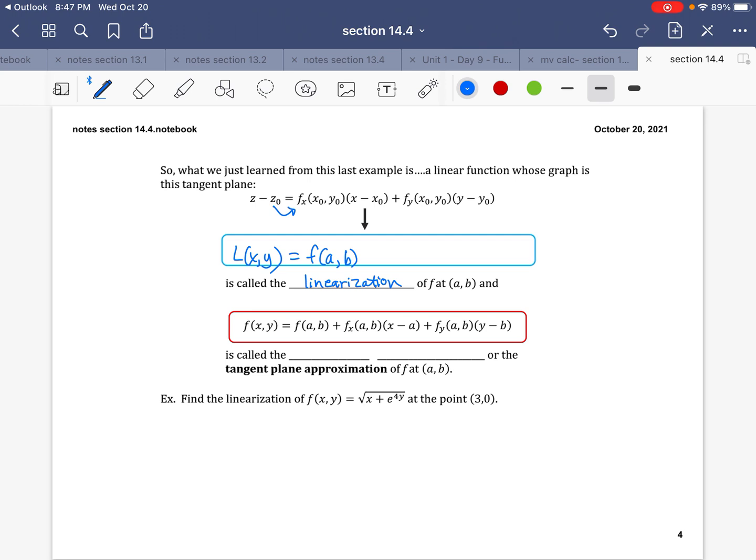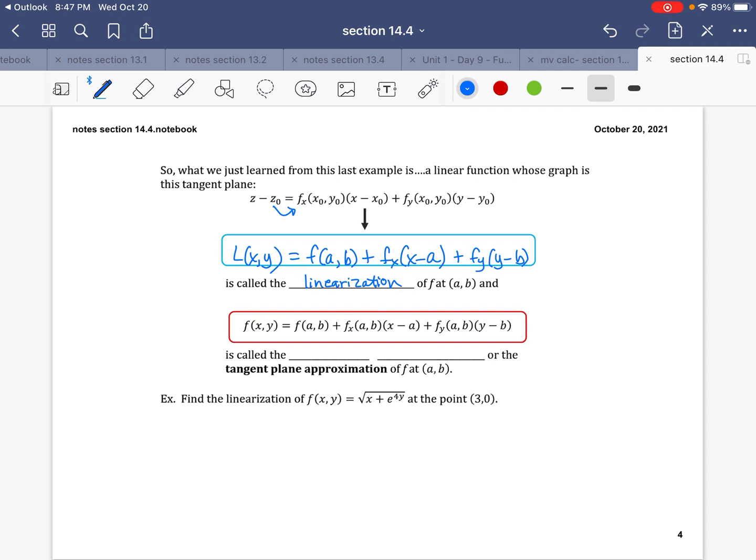All right, and then we're going to write the rest. So plus, we're going to have fx times x minus a, because a is the point, the coordinate that we're using, and then plus fy times y minus b, because remember a and b are the numbers you're using to plug in.